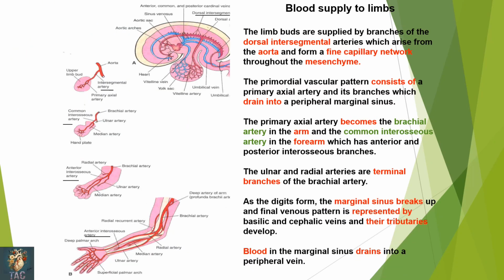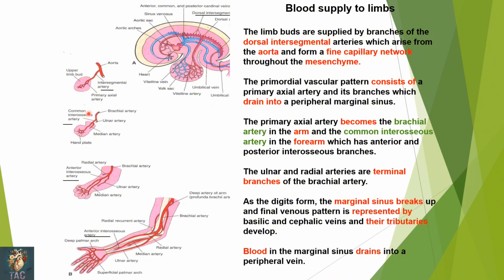The important point over here is the blood supply of the limb. You must know that from the dorsal aorta, the dorsal intersegmental arteries arise, which supply both the upper and lower limbs. This dorsal intersegmental artery breaks down into a fine capillary network in the mesenchyme, which will then drain by its tributaries and later form the veins.